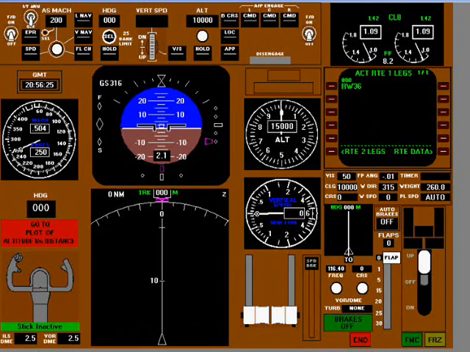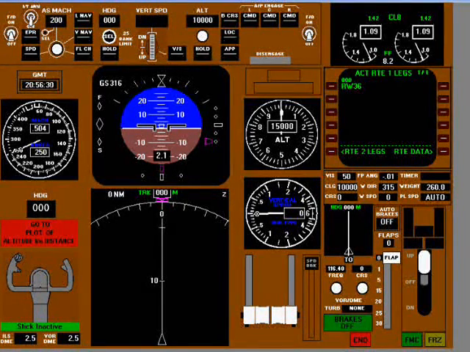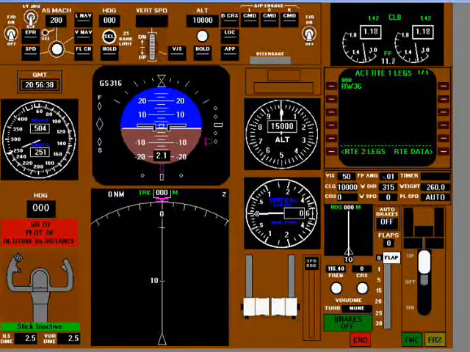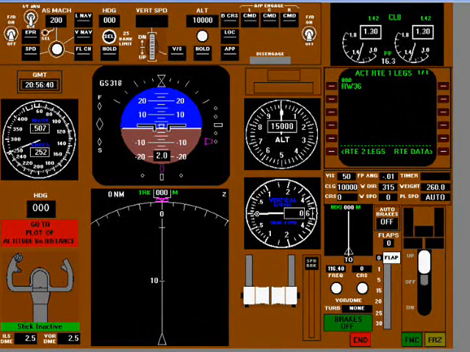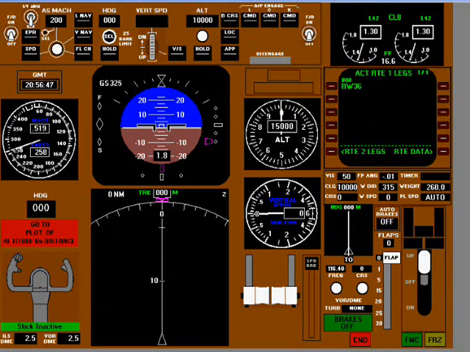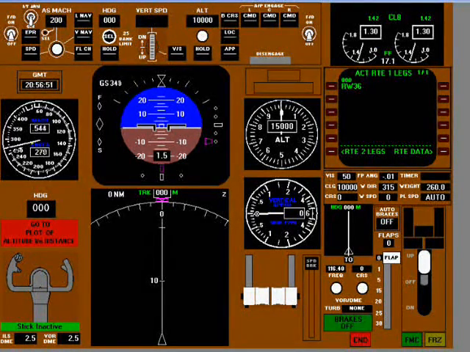Next, we will accelerate to 340 knots. The first step is to set the EPR value to 1.30. And since this is a changing airspeed constant flight path maneuver, we must coordinate pitch changes with airspeed changes.